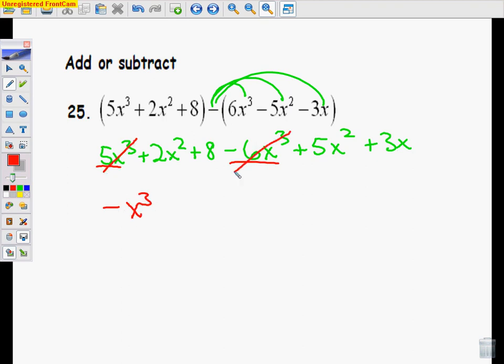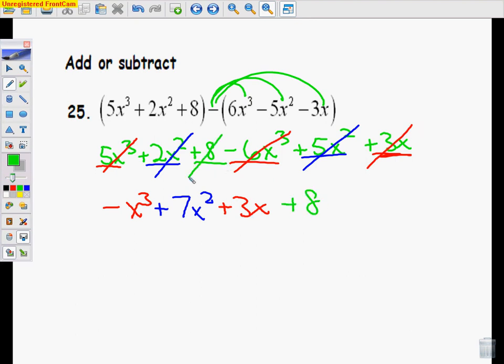I like to cross them out so I know that I've already dealt with those. Positive 2x squared and positive 5x squared, that's positive 7x squared. Those are gone. We have this 3x here that doesn't have anything that's like terms with it, so we'll cancel that out. And then left, we have this positive 8. And there we go. We've added all the like terms.